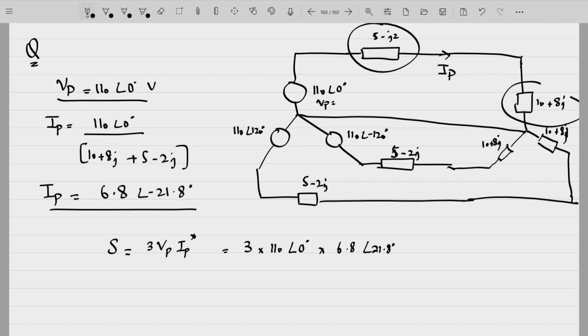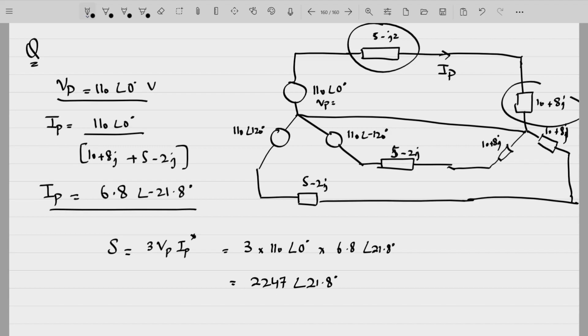So this is equal to 2247.20 angle 21.8 degrees. So this is the apparent power that is produced by the source.